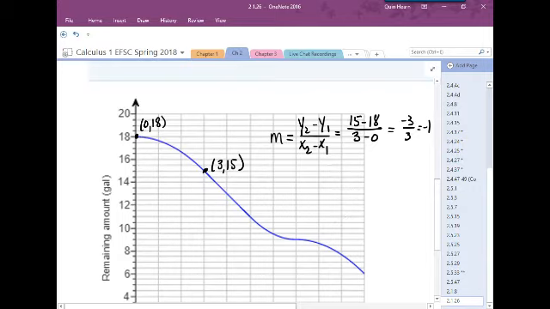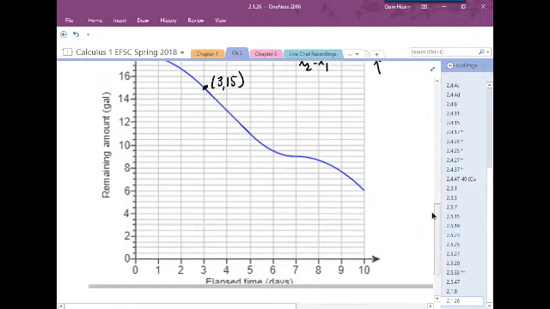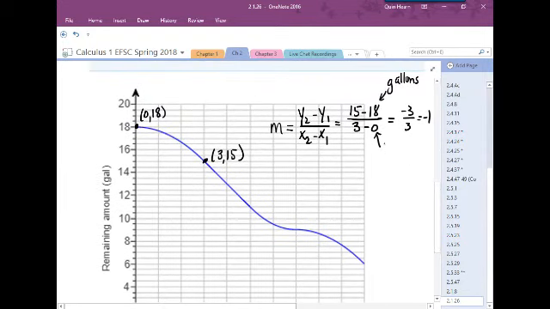All right, so the numerator of this fraction, since we were subtracting y values, is units of gallons. And here we were subtracting x values, which was elapsed time in days. And so we have negative 1 gallon per day.